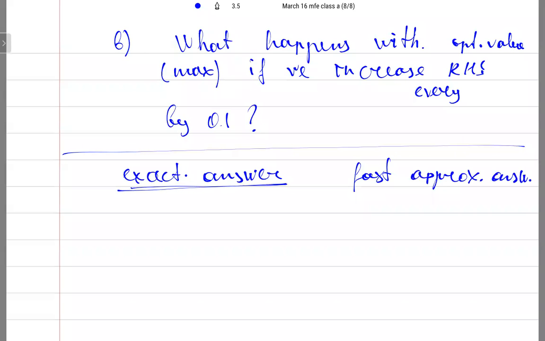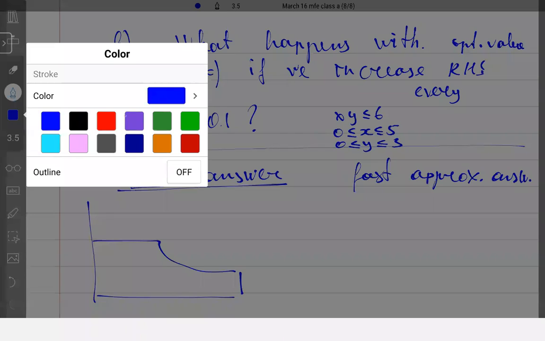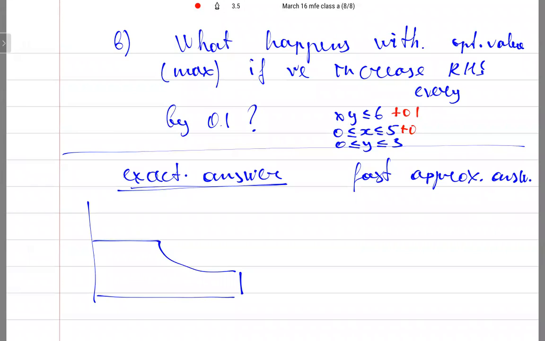If we need the exact answer, we just change our boot, how our boot will change if we increase every right-hand side. In the original problem, we add plus 0.1 here, plus 0.1 there, plus 0.1 here. So for the exact answer, we increase every right-hand side by 0.1. What will happen?